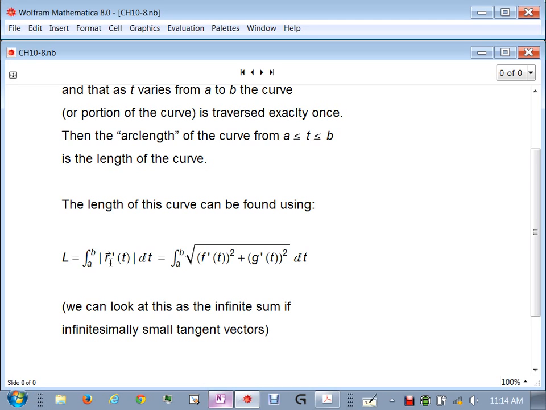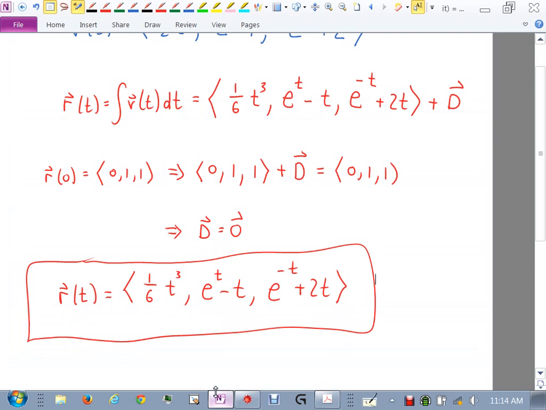But geometrically, what we're doing is taking a curve and trying to approximate the length between here and here. The way we approximate it is by looking at the derivative as a tangent vector. And we're approximating this infinitesimally. It's like an infinitesimal length.